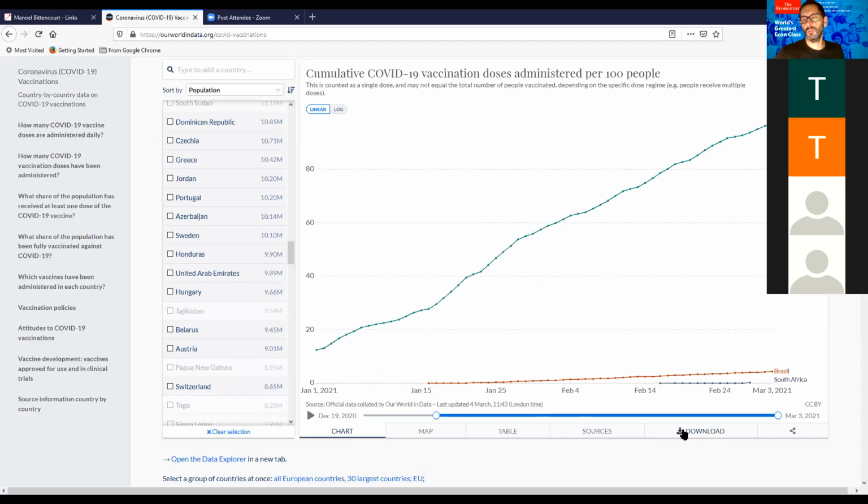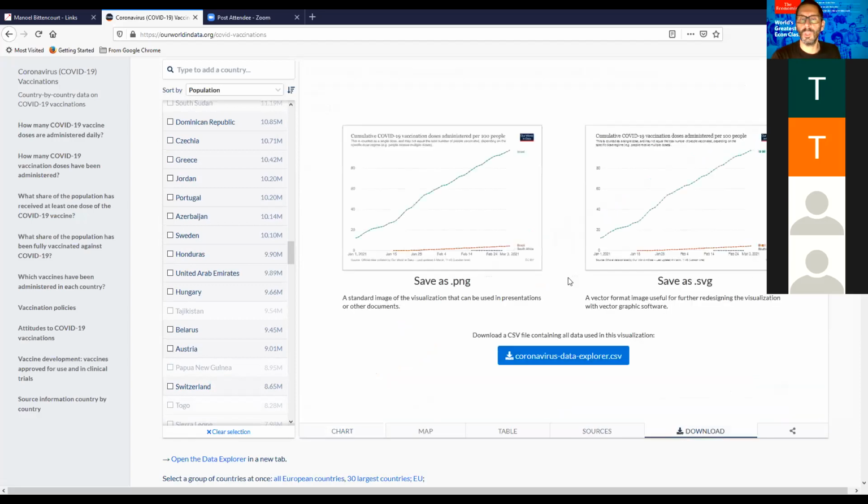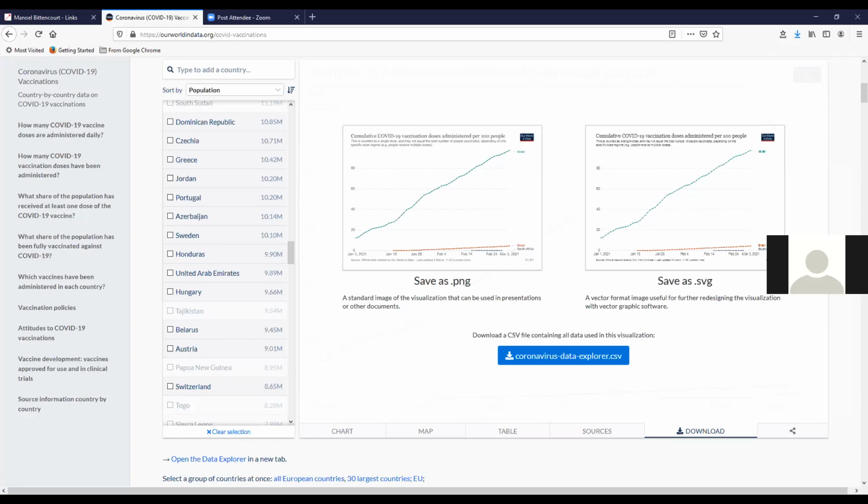And as I said, you can download not only the graphs that you plot, but also the CSV file, which is an Excel file. So I find this data aggregator really nice, really nice.